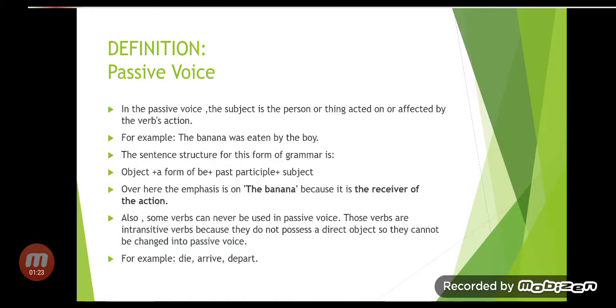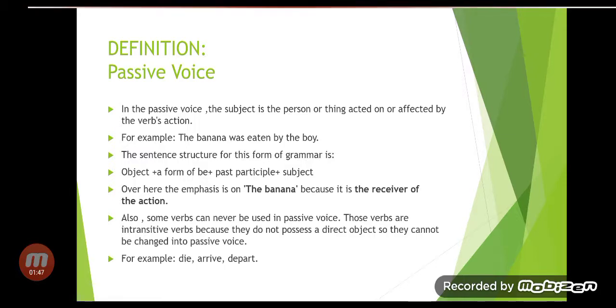Coming towards the passive voice, what is the passive voice? The passive voice is when the subject is the person or the thing acted on or affected by the verb's action. It means that whenever the object or the subject is affected by the verb's action, that is known as the passive voice.